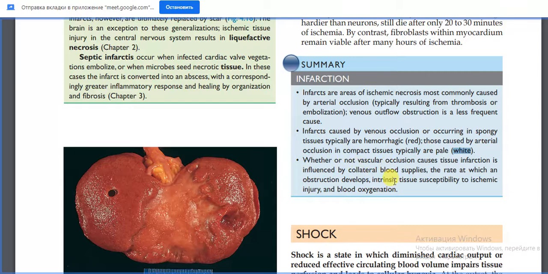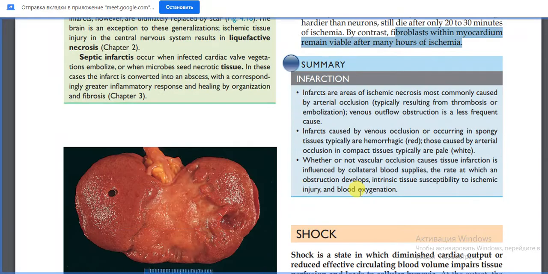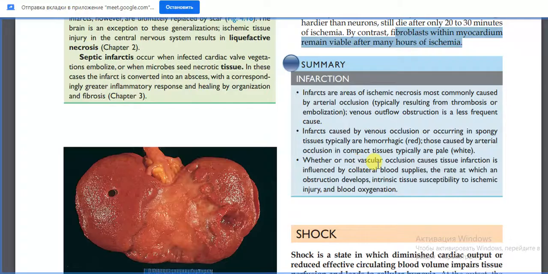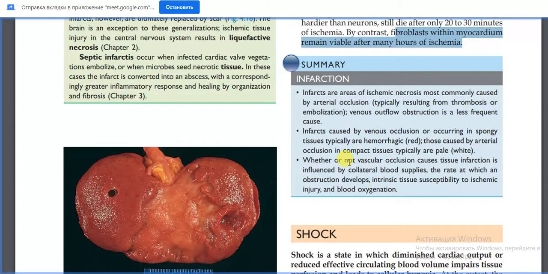So that's influencing. For example, fibroblasts within myocardium remain viable after many hours of ischemia. So if infarction happens in bone or some connective tissue, the tissue can survive, because a clot can be formed, undergo all the process of rearrangement, and finally it can be healed.